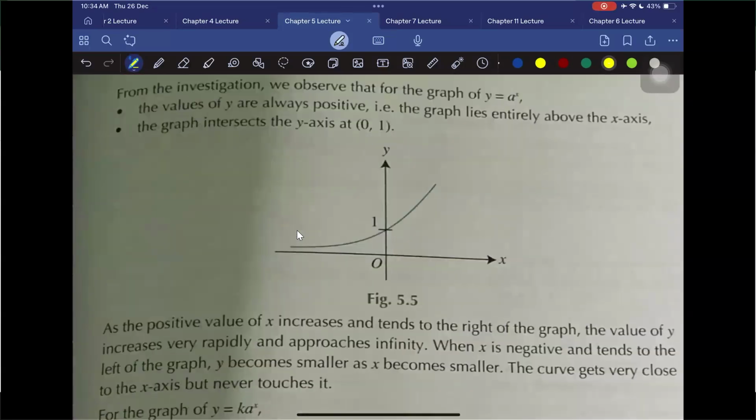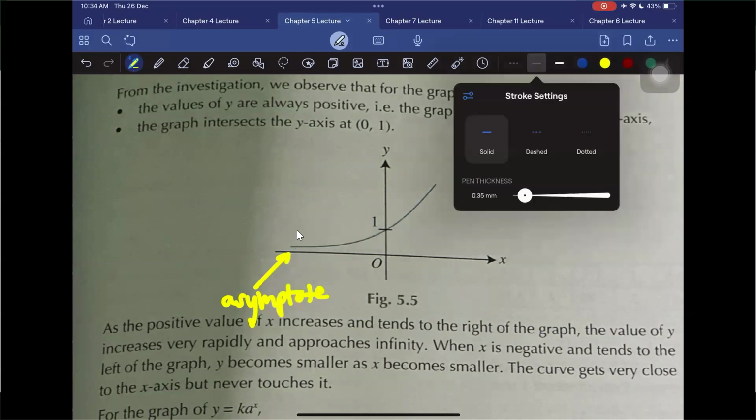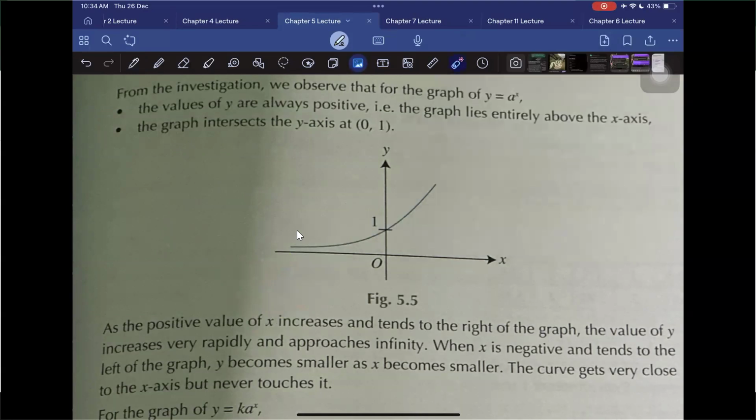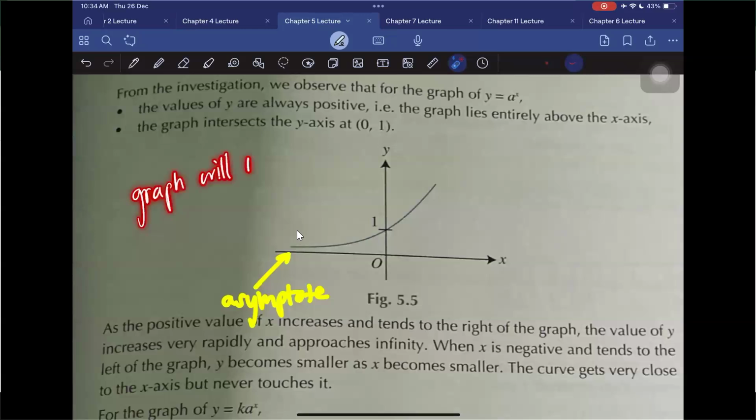Again, this line is an asymptote, so your graph will never touch the x-axis. Okay?